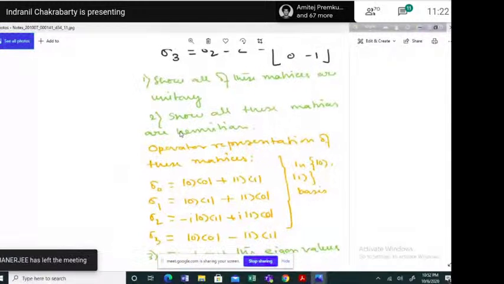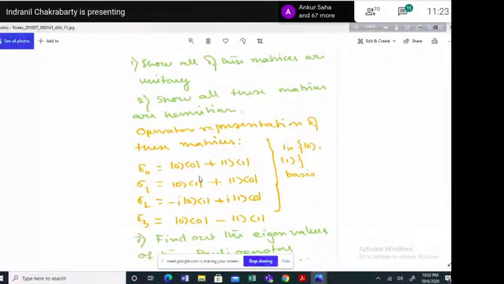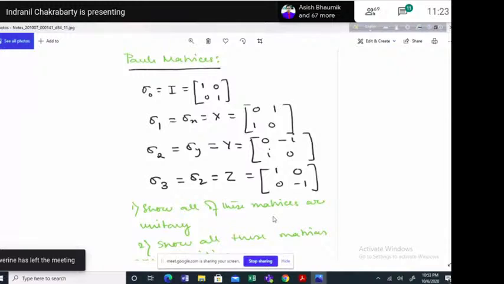Now also find out the operator representation of these matrices in terms of outer products. For example, sigma 0. This is in the 0 1 basis, the computational basis. The operator representation will be different in a different basis.